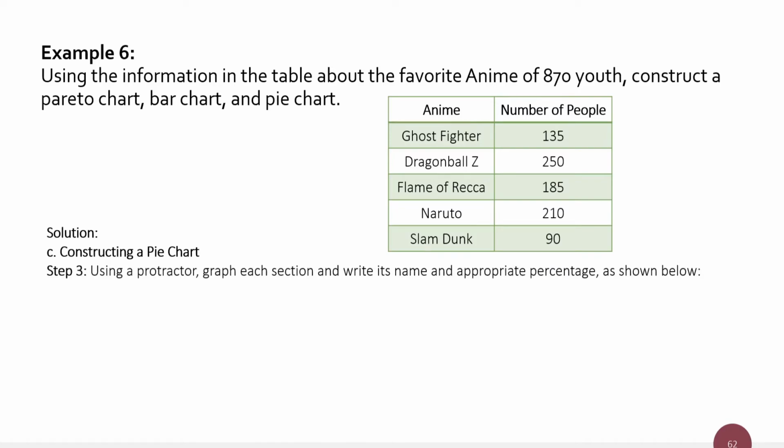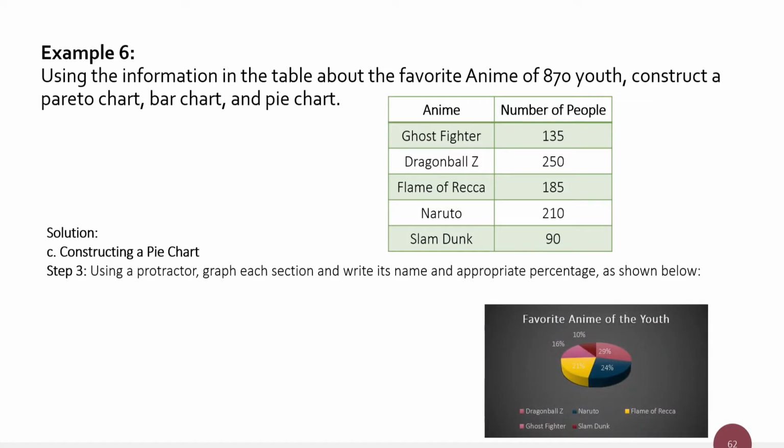Next. So for step 3, using a protractor, graph each section and write its name and appropriate percentage as shown below. So ito na yung ating na-create na pie chart.